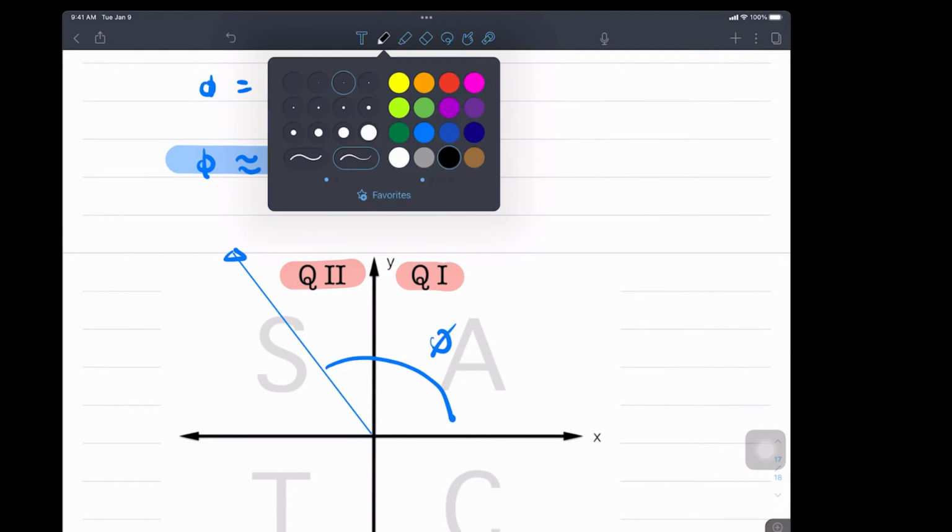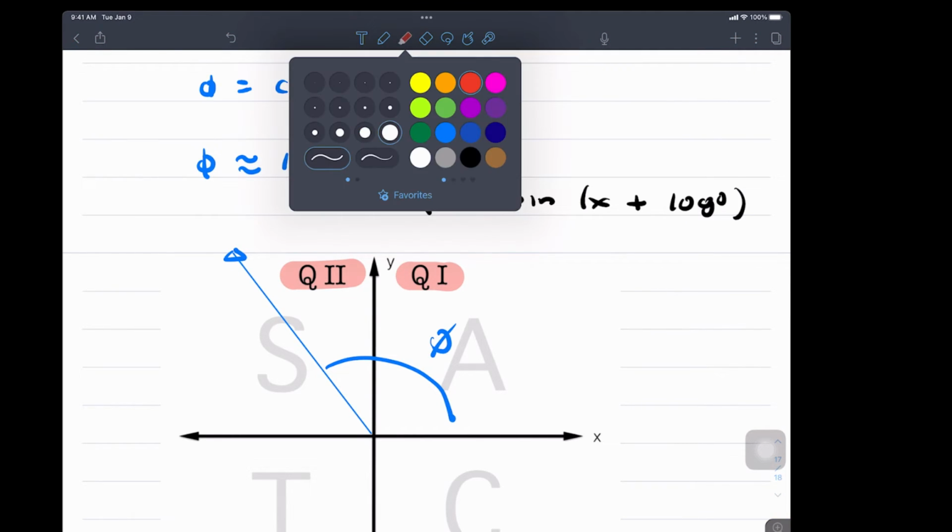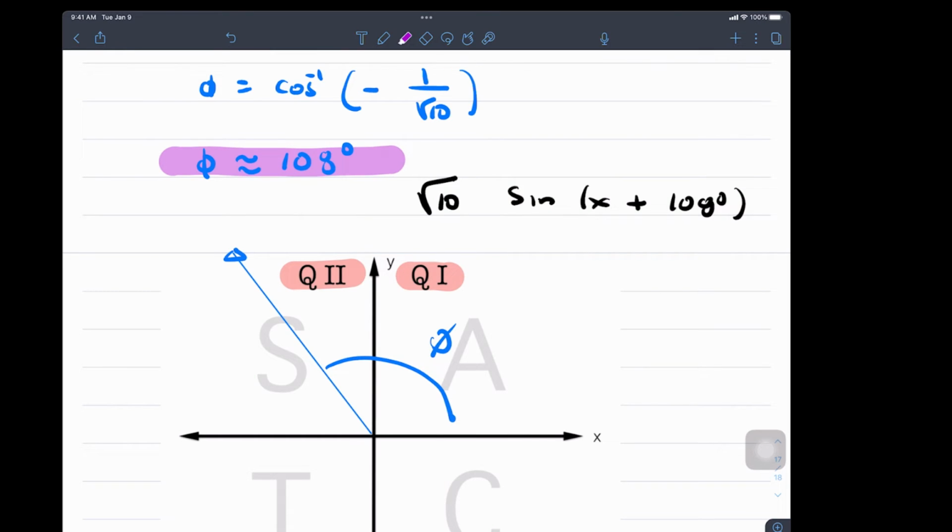Okay? So what's your final answer? Square root of 10 sine x plus 108. You did find the right phi. Doesn't always make sense, ladies and gentlemen. I just want to warn you guys. There you guys go.